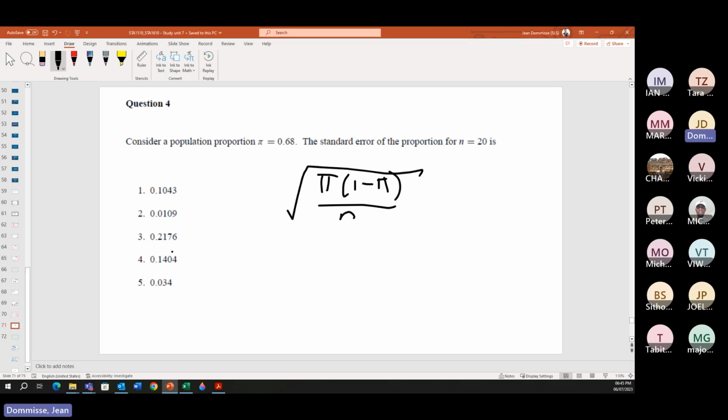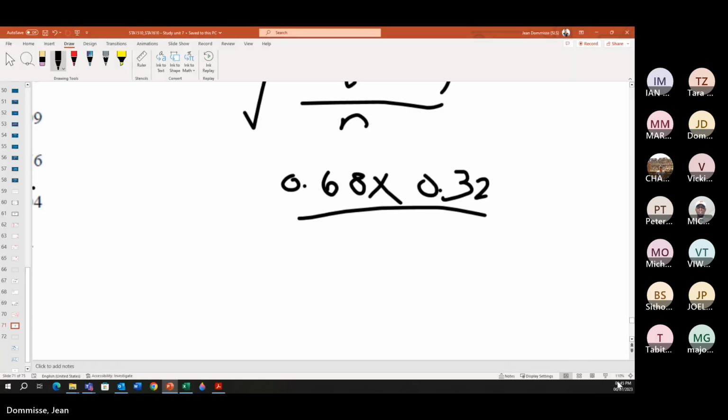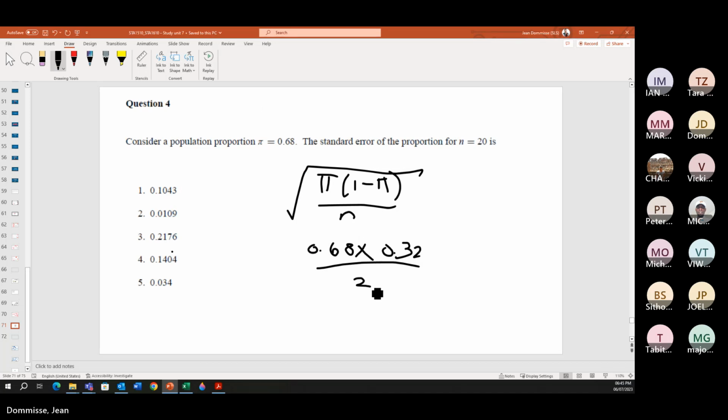So it's 0.68 times 0.32, divided by 20, and then the square root of that.